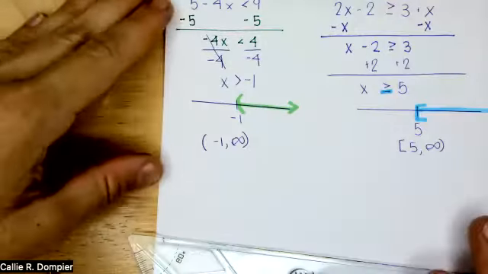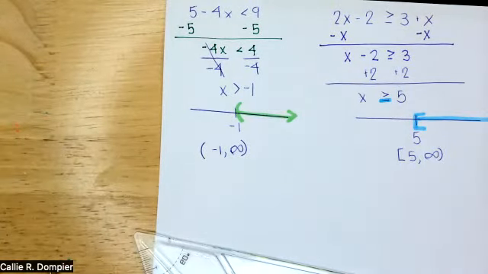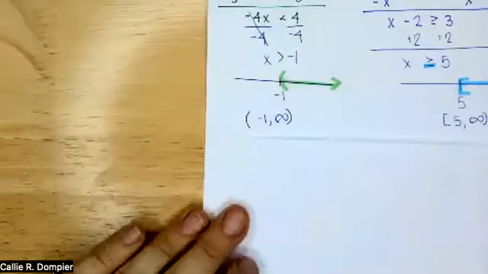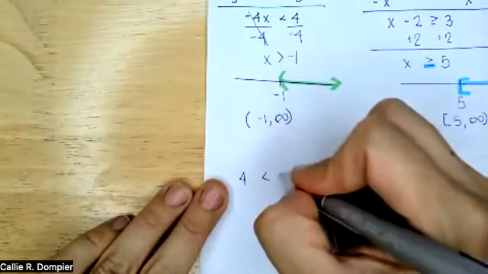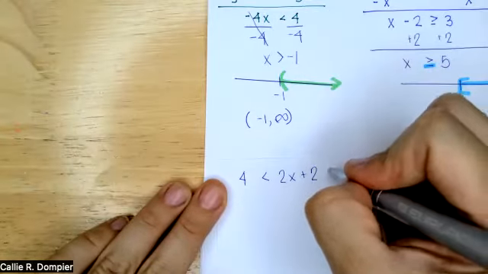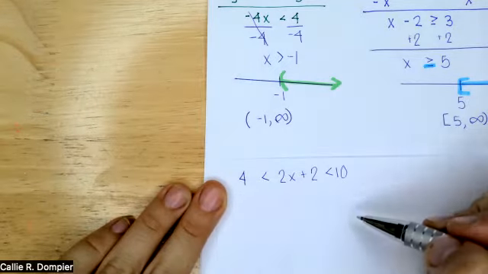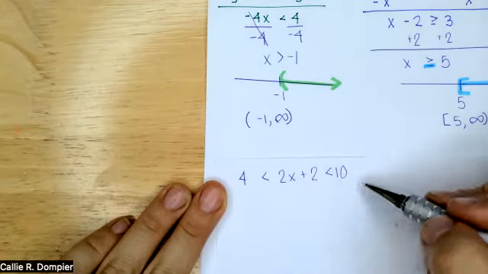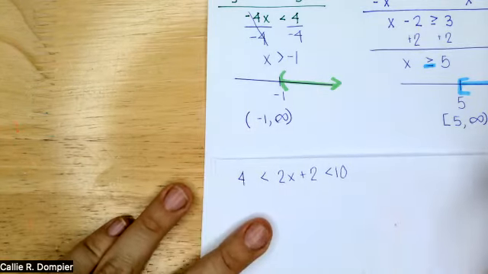All right. The next one is 4 is less than 2x plus 2, and 2x plus 2 is less than 10. So we've been doing them all at once, all at the same time, like there are 3 sides instead of 2, but you can also solve them as 2 separate things.